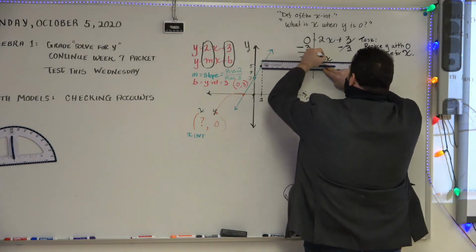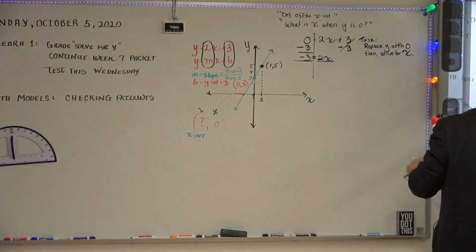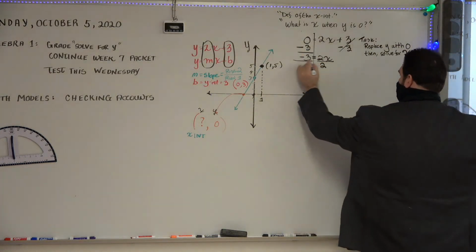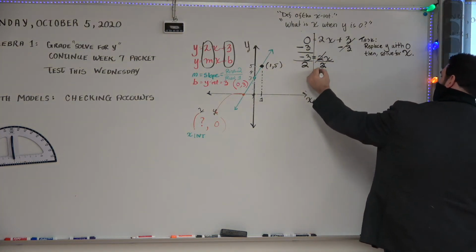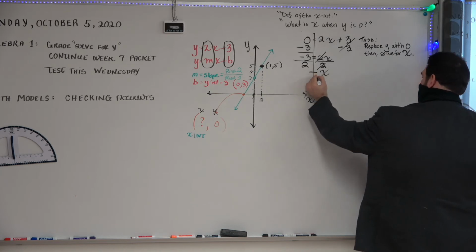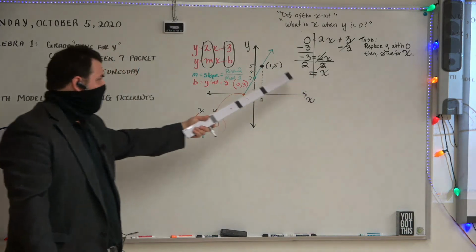Now I'm going to divide everything by the x coefficient, which is 2. The 2's cancel on the right, and I have x by itself.